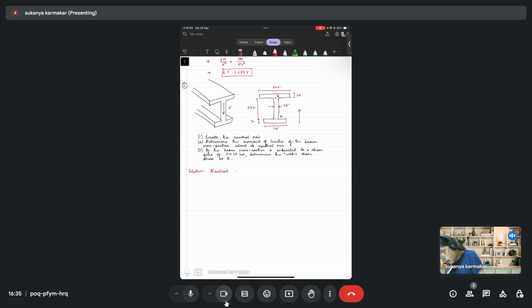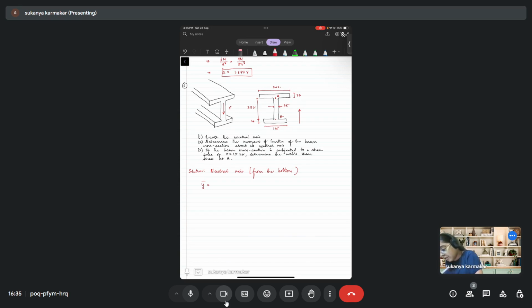So neutral axis, we are measuring from the bottom. So y bar is equal to, let's consider the first area, that is, let's calculate in mm.